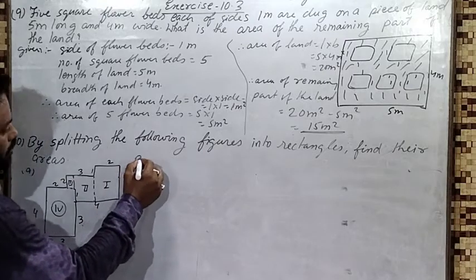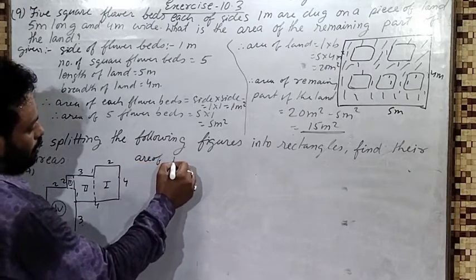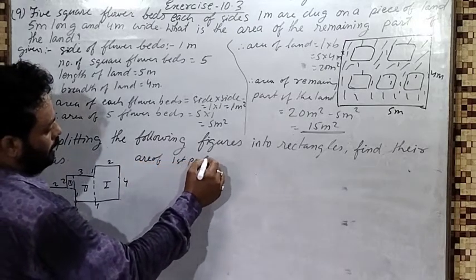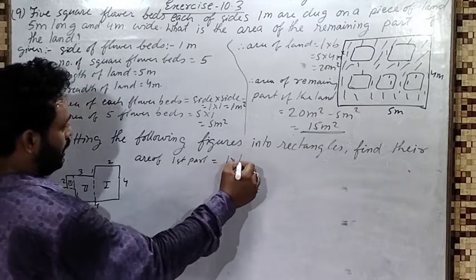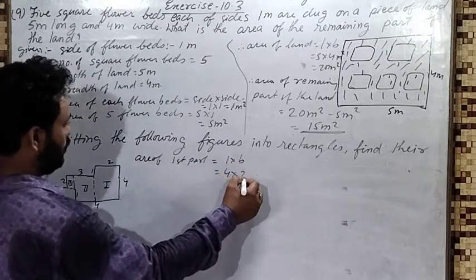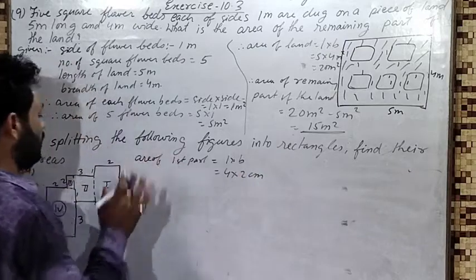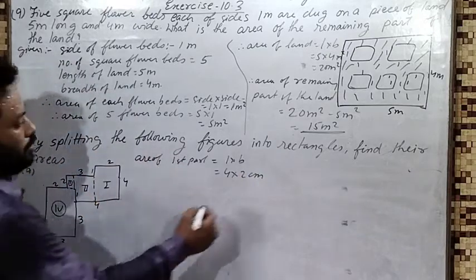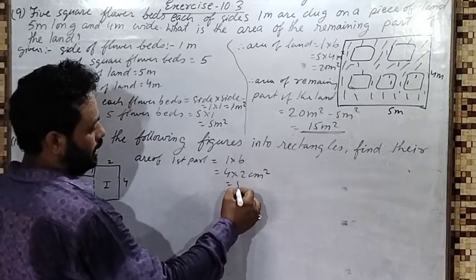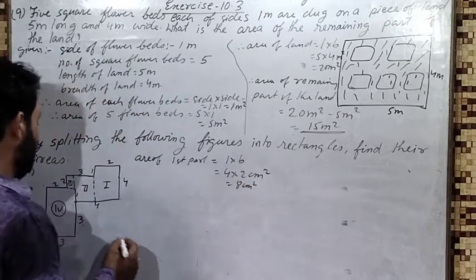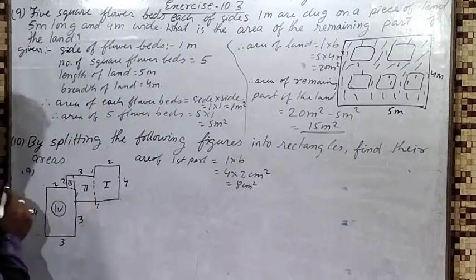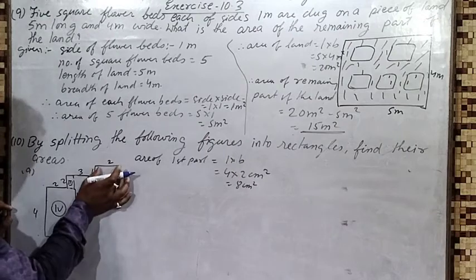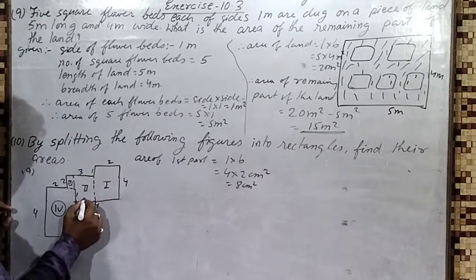So area of first part is equal to length into breadth. Length is 4 into 2. All the lengths are in centimeters, so 8 centimeter square. Then second figure: we can see that this one is 2 and this one was 4, so this side will be 2.